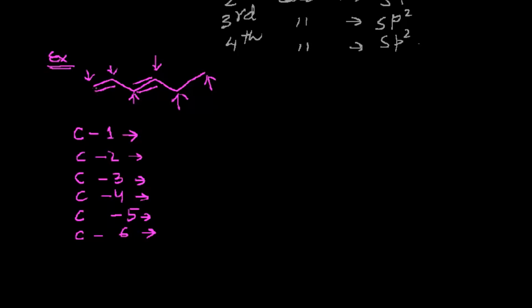Again we can find out in the case of very first carbon, we can see here there are two hydrogens attached with the terminal carbon, and through one sigma bond it is attached to carbon, and there is one pi bond.